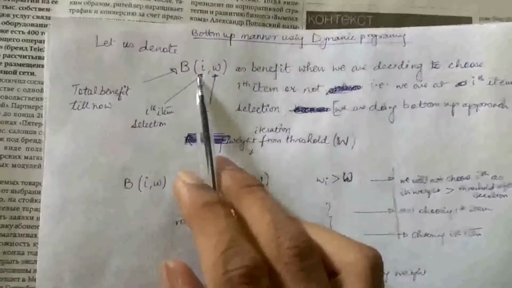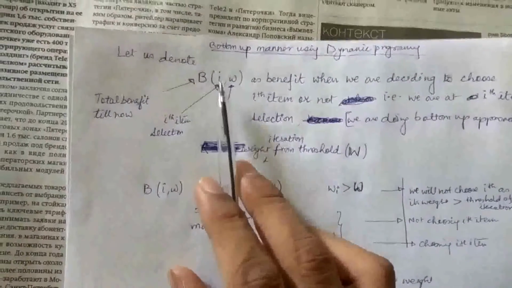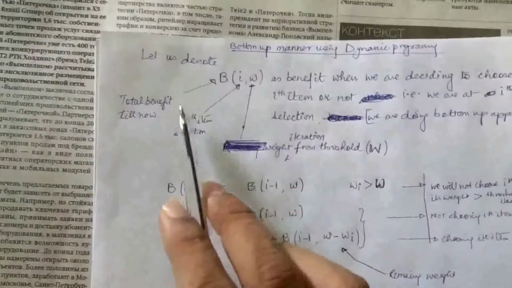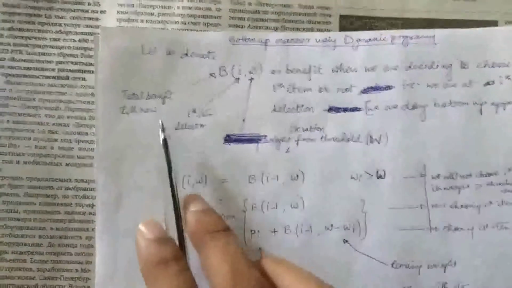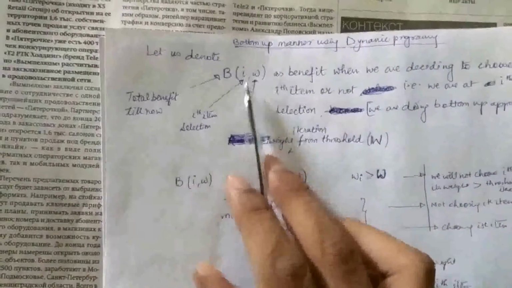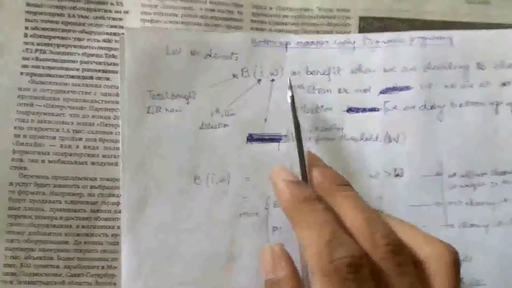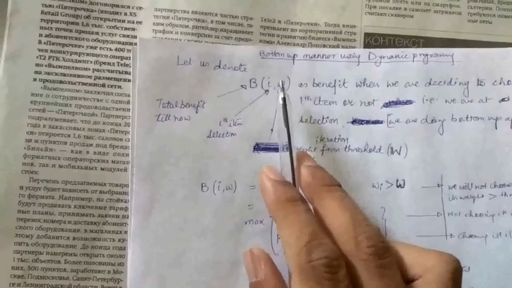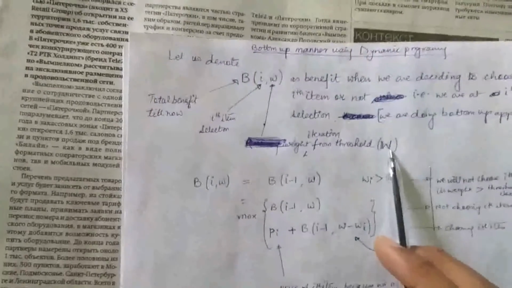So we are at the ith item and deciding to choose it or not, and B denotes the total benefit till now. This benefit function tells us the total benefit till now. The i is the ith item selection, and w is the iteration for the weight. Let's say we have a threshold weight w.